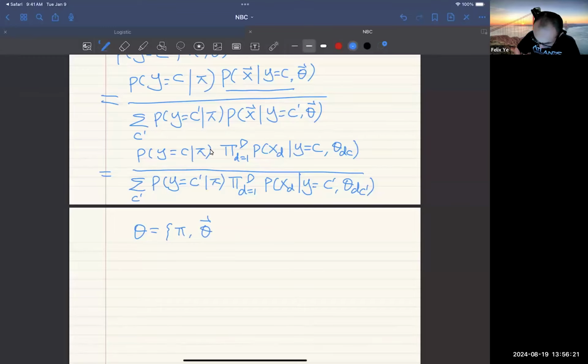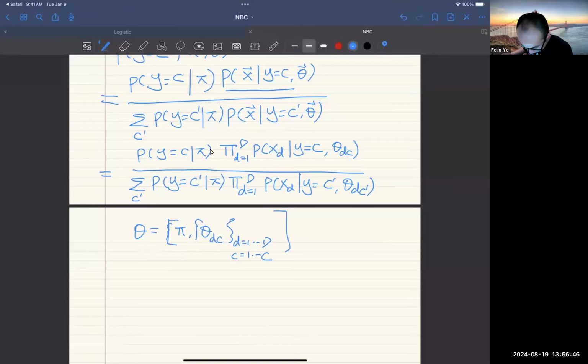It depends on the D and the C. So this D is from 1 to big D, and C is from 1 to big C. Okay, so this is basically my posterior distributions.